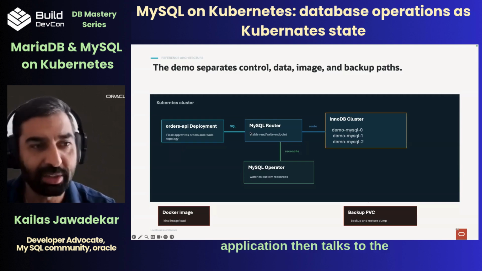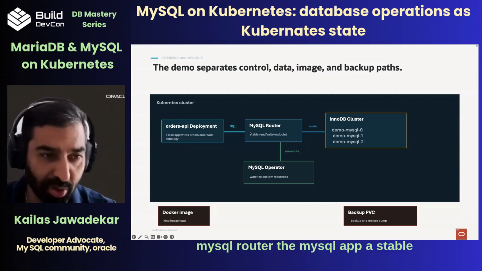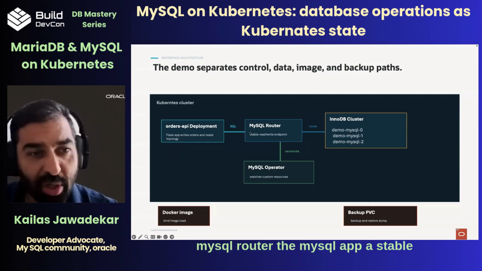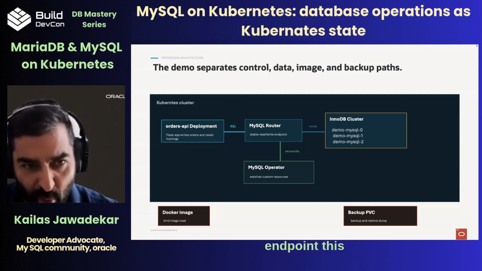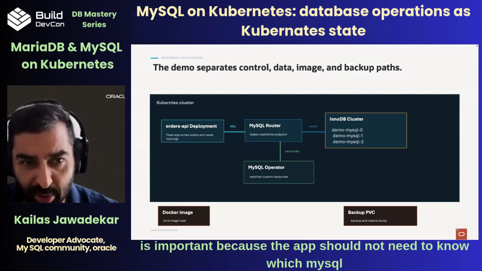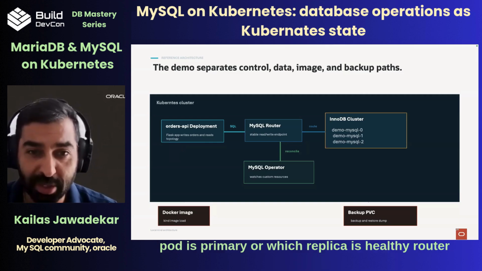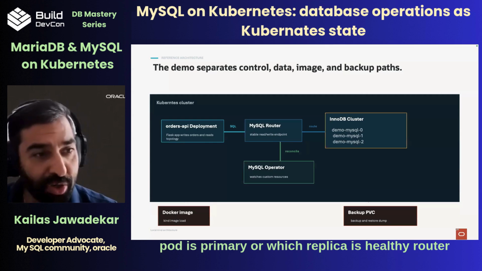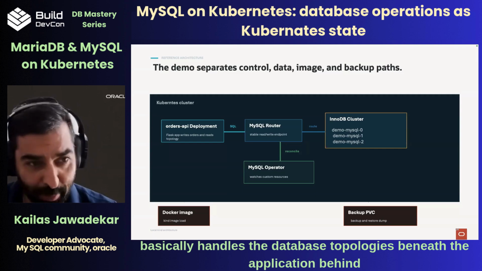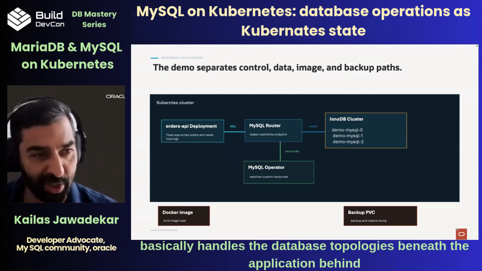The application then talks to the MySQL router. The router gives the app a stable endpoint. This is important because the app should not need to know which MySQL pod is primary or which replica is healthy. The router basically handles the database topology beneath the application layer.